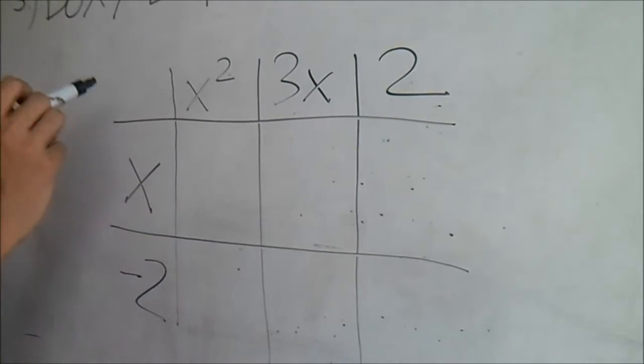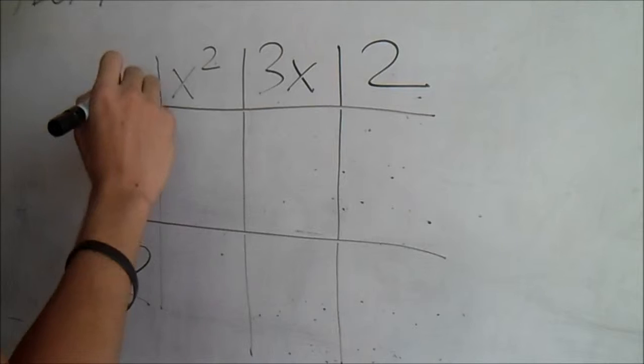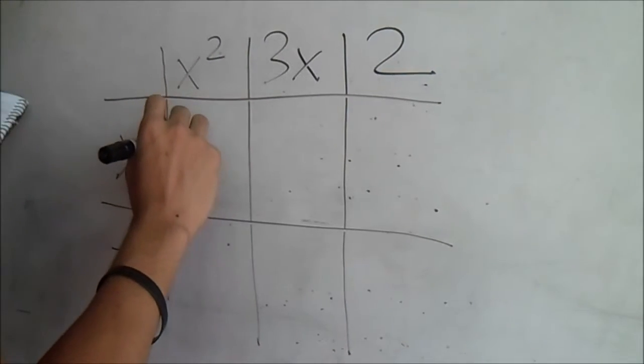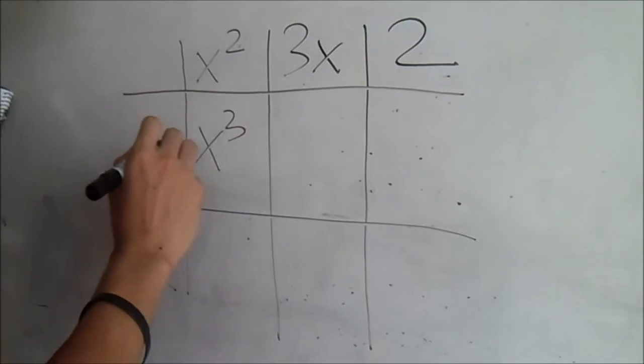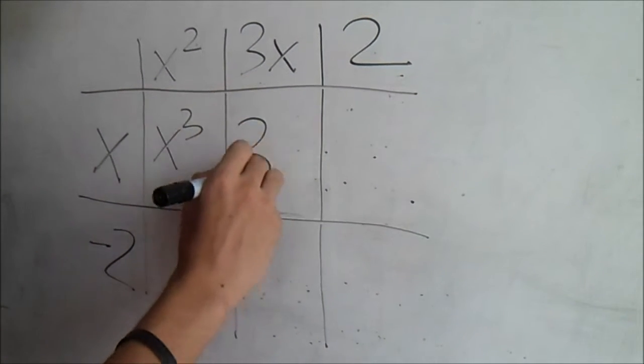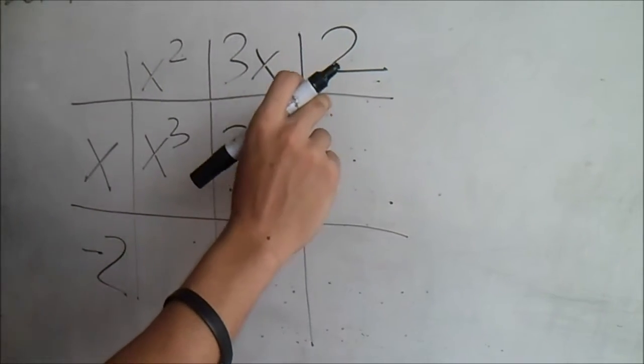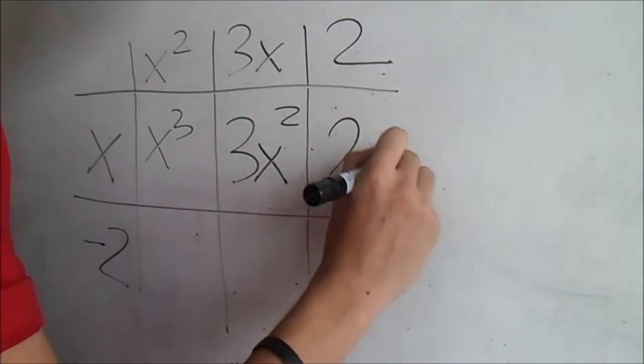Then we're going to solve the first term x with x squared. x times x squared equals x cubed. Then x times 3x equals 3x squared. x times 2 equals 2x.